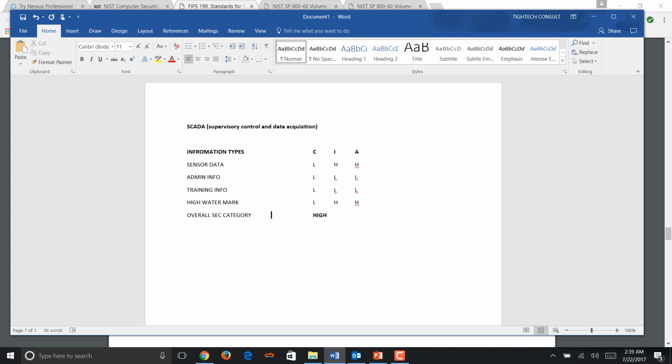So this categorization gives us an analysis of how sensitive and how critical this system is.